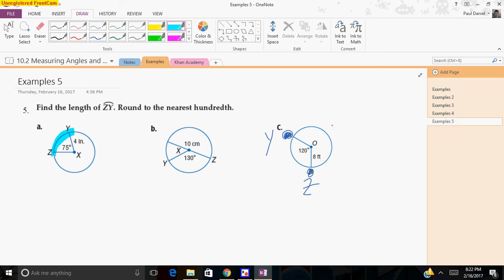And if I want to find the length of an arc, I need to find the central angle that makes up that arc. So this length needs to be equal to 75 degrees over 360, by putting that measurement of the central angle into my little formula, times the circumference of this circle.